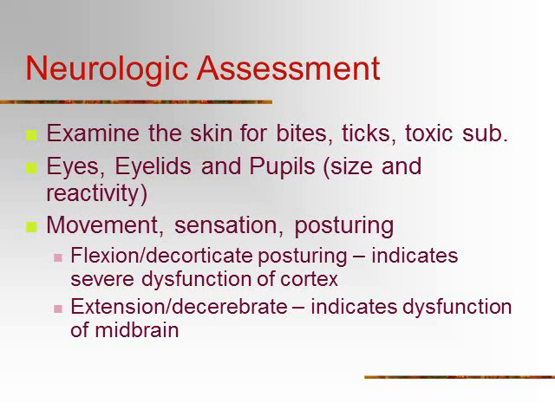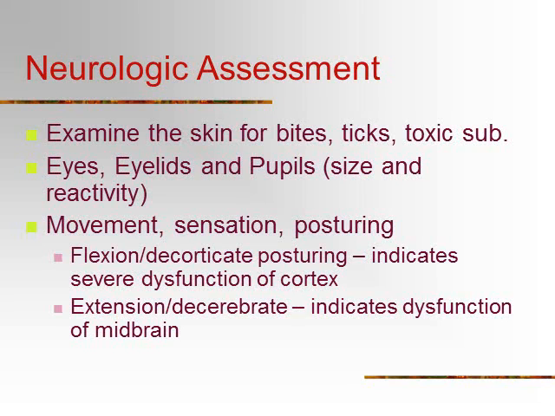Okay, so you also want to look at the skin and look for bites, ticks. You want to look at the eyes, eyelids, and pupils we talked about, and then movement, sensation, and posturing. There are two types of posturing that we talk about. One is flexion or decorticate, and that's an indication of severe dysfunction of the cortex.